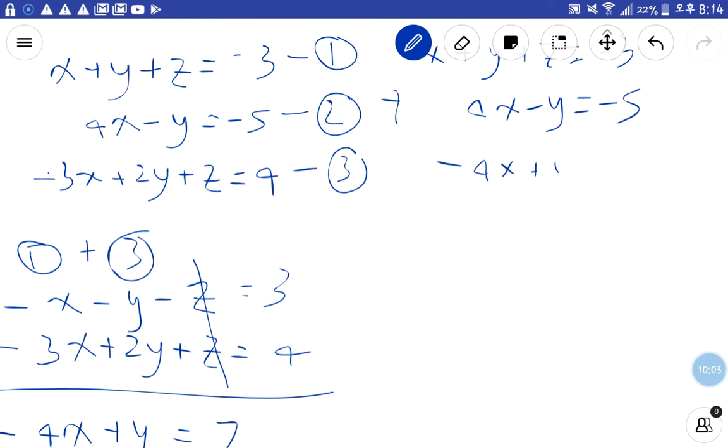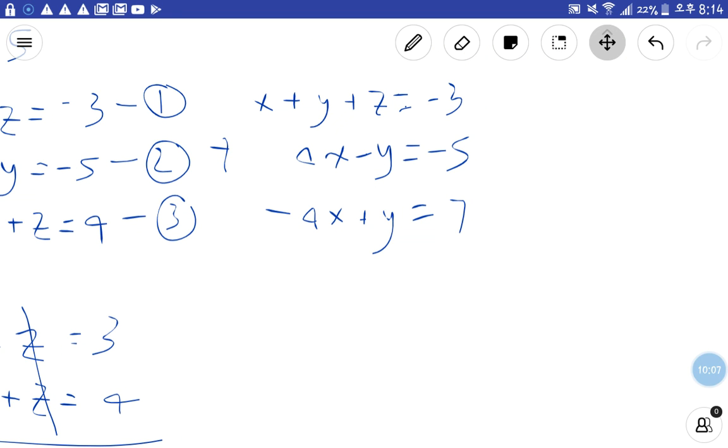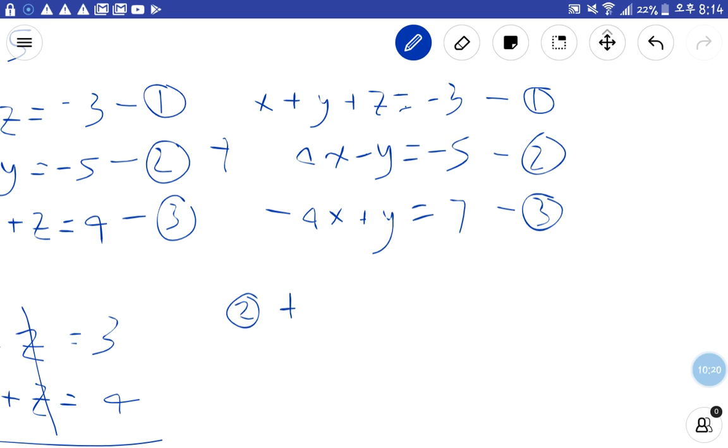Then I still label the first one as number 1, the second as number 2, and the third one as number 3. Now what I'm going to do is add 2 and 3 to cancel out the letters. If you add number 2 and 3, what's going to happen?